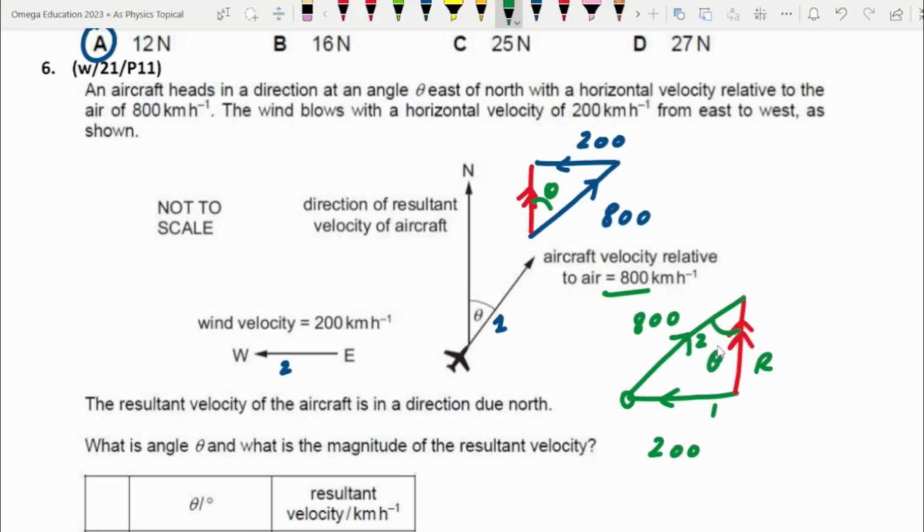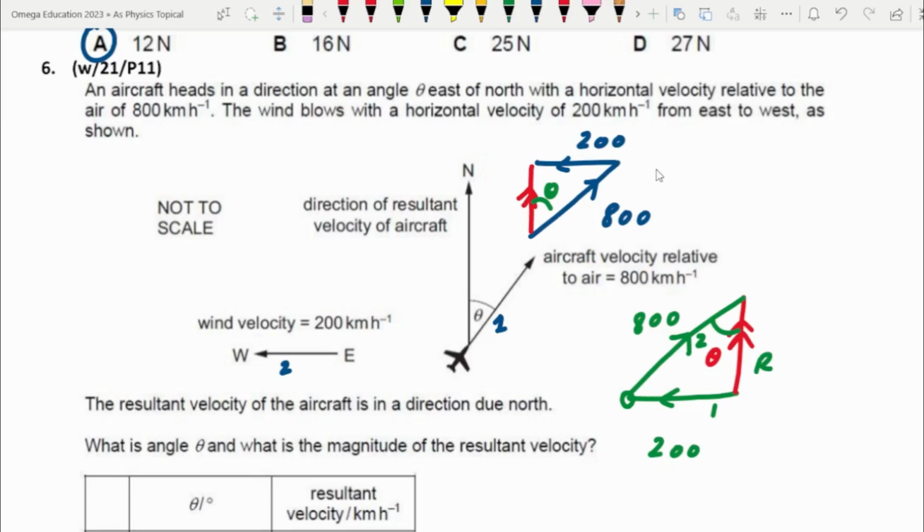Theta corresponds to this one, because the angle is given as the angle between the 800 vector and north. So in the second diagram, the angle between the 800 kilometer per hour velocity and north is this one. So it totally depends on your choice, the way you draw it. The concept is the same. There are a lot of variations, and you should be getting the same answer either way.